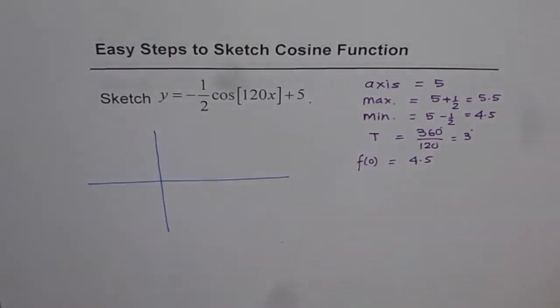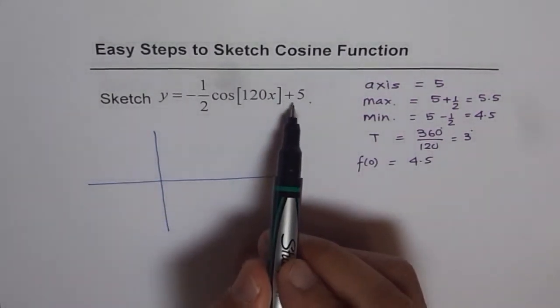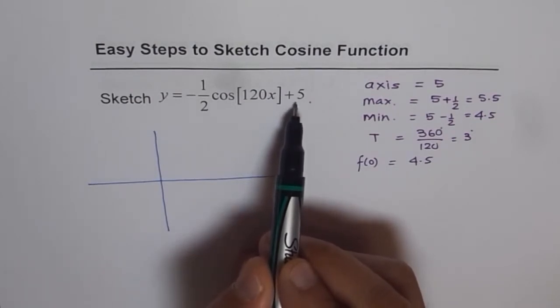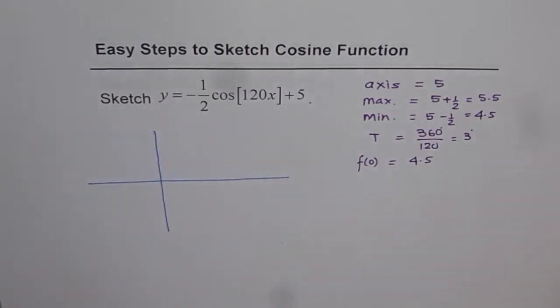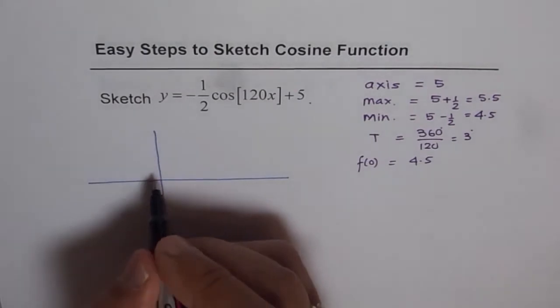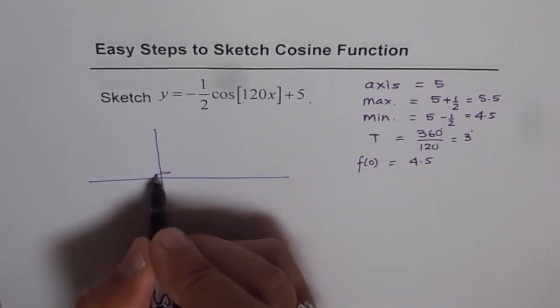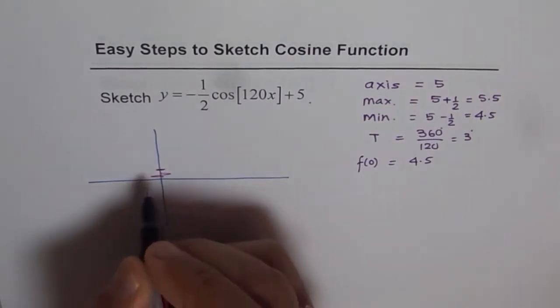Now, let's look into the numbers. Axis is at 5 and the amplitude is just half. So it's a good idea to break your scale, right? So let me break the scale, because otherwise I will run out of space. Let's say I'm starting at 4 here, right?